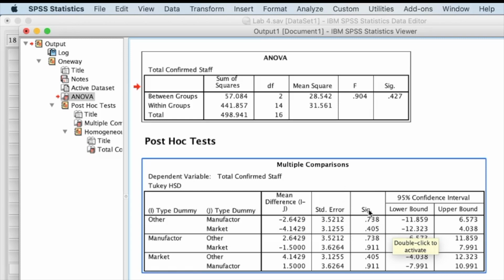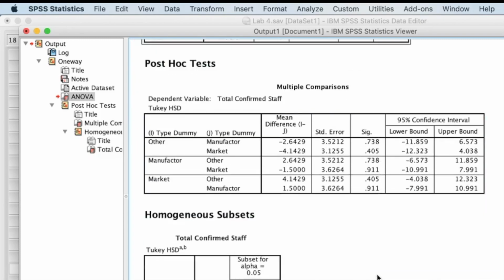It's comparing the other group to manufacturer and market, then the manufacturer group to other and market, and the market group to other and manufacturer, and you can see that there are no differences between those 3 groups. They're essentially all the same.